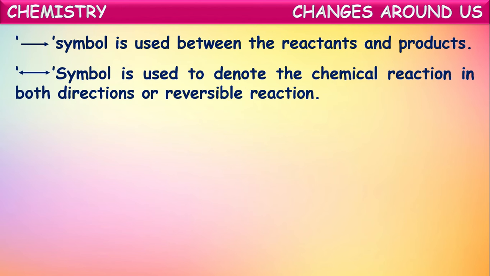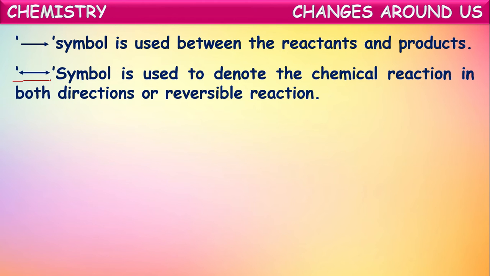This means in that reaction, reactants convert to form products, and again, products may reform these reactants back. Those reactions are called reversible reactions. So to represent a reversible reaction, we use this two-sided arrow mark in between reactants and products.